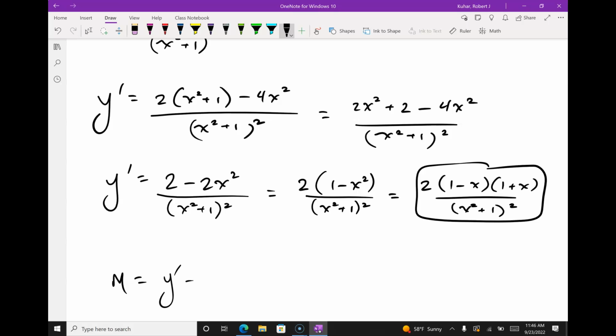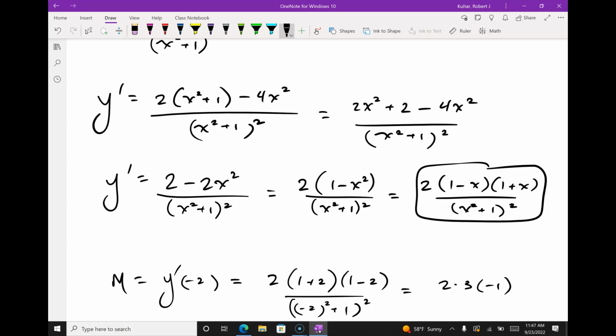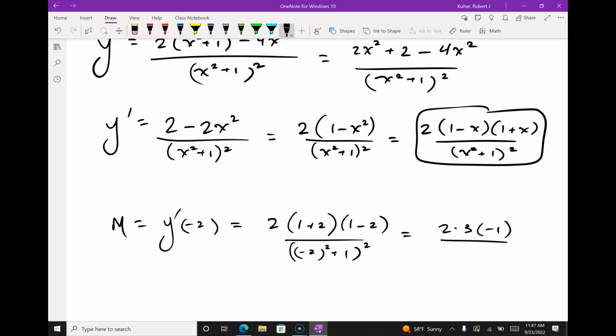Right, so I get y prime at -2: 2 times 1 plus 2 times 1 minus 2 all over -2 squared plus 1 quantity squared. -6/25. Verify for me, please. We get the same thing, Chrissy, yeah? Nice.